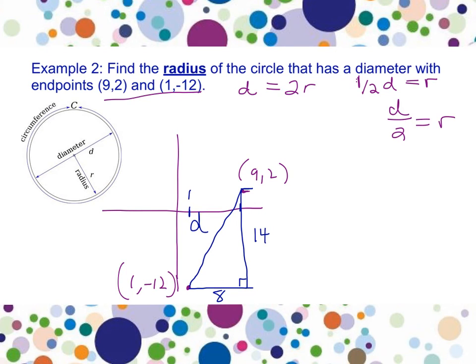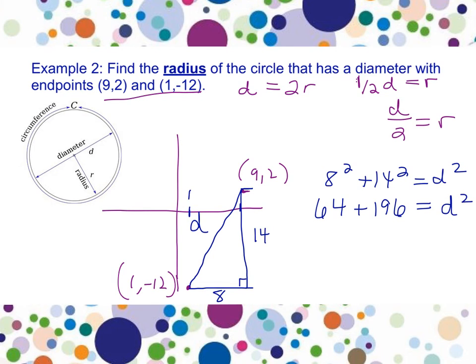So now I could use my Pythagorean theorem: 8 squared plus 14 squared should equal the length of the diameter squared. So 8 times 8 is 64. 14 squared is 196, and that should equal the length of the diameter squared.